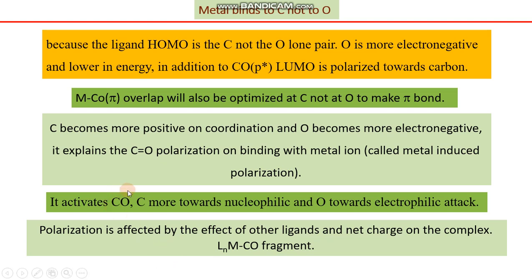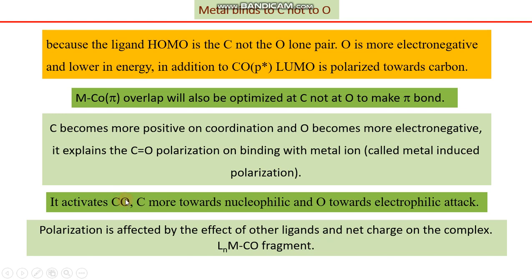Now, this polarity activates the carbon more toward nucleophilic attack and the oxygen toward electrophilic attack, because we have to account for the comparative electron density. The electron density on carbon becomes less, or it becomes partially positively charged.